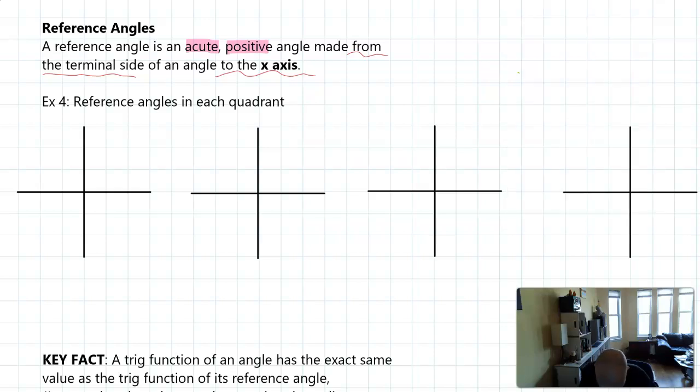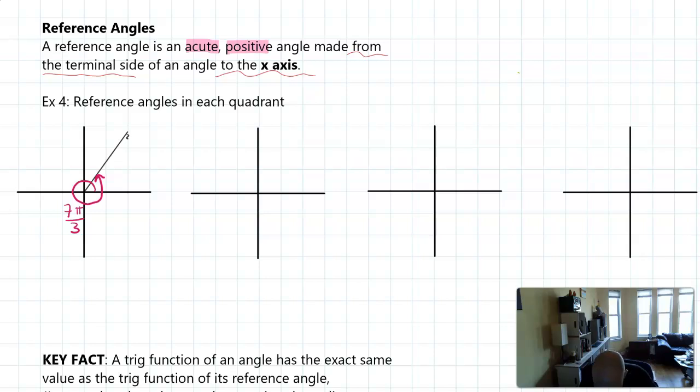So we're going to start with quadrant 1. It's kind of trivial, but say we have an angle with a terminal side in quadrant 1 like that. And maybe we have an angle bigger than 2 pi, maybe 7 pi over 3, right? 1 more than 6 pi over 3.